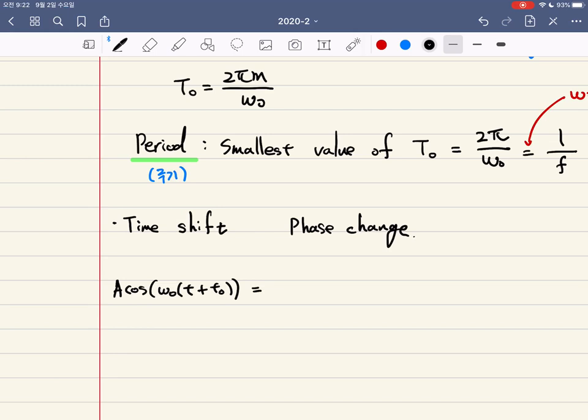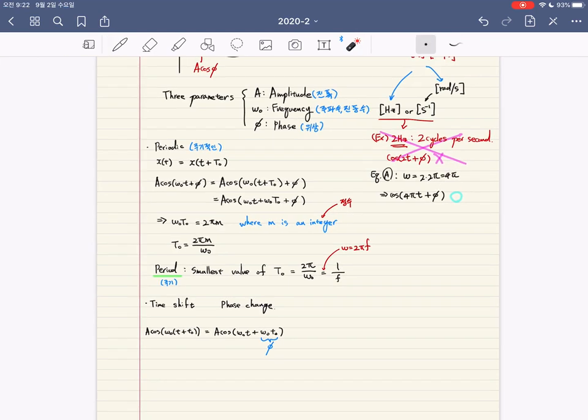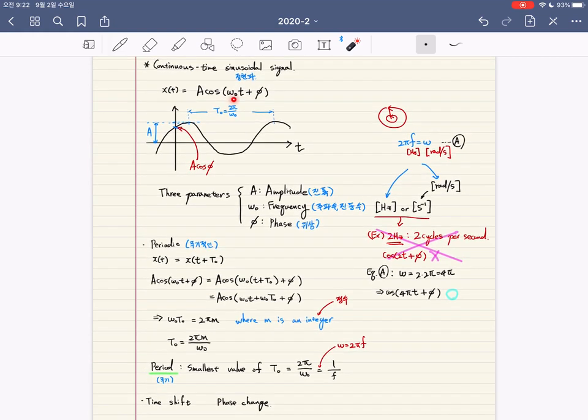By solving the parentheses inside the cosine, we can get this equation. And if you refer to this term as phi, then it becomes the original equation we already had.